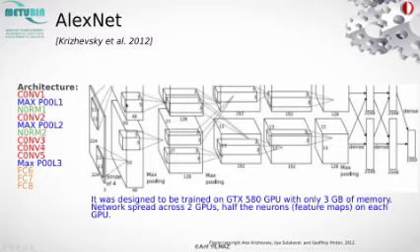Alexnet contained a lot of convolutional maps. It is a very large network. It consisted of 8 layers. The first 5 layers were convolutional, and the final 3 layers are fully connected layers.